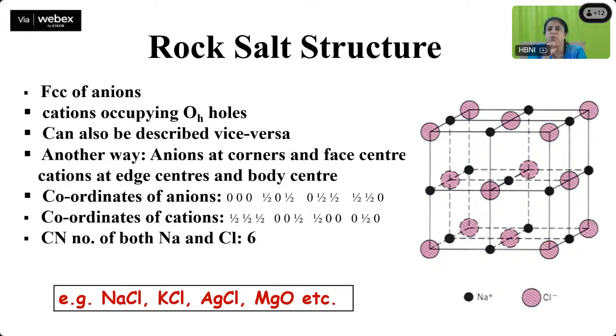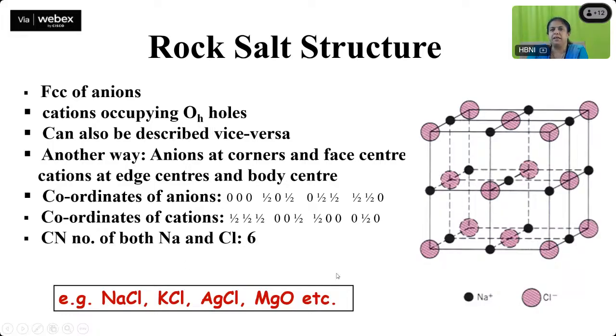The voids will be smaller. Cations are smaller, they would be able to occupy the void. That is why it is convention that we define the unit cell framework or the close packing by anions and then cations occupying the relevant holes. Okay. So this is how we define it in terms of unit cell.